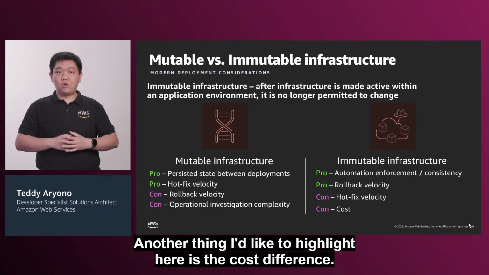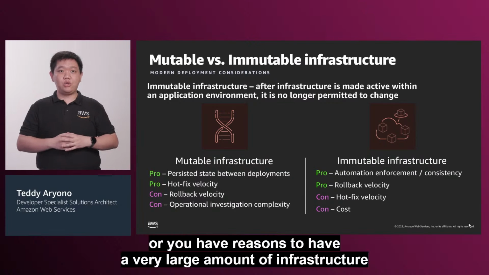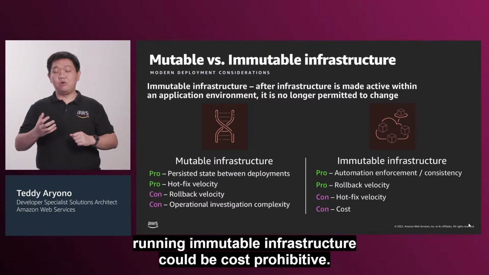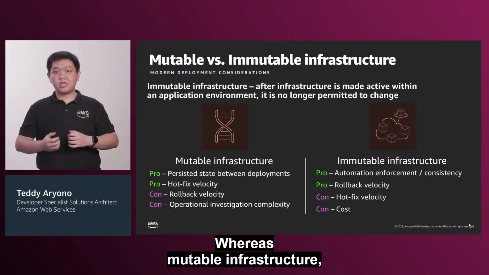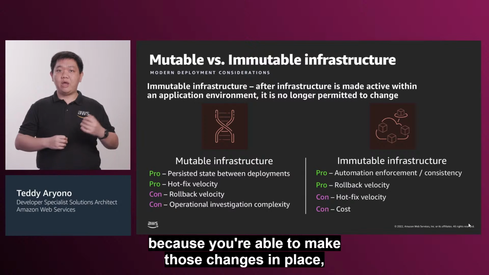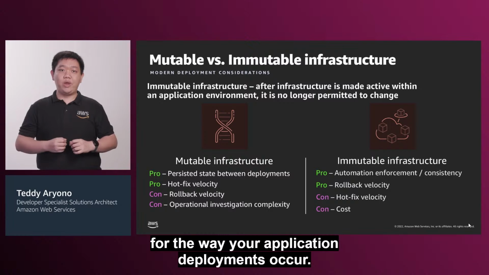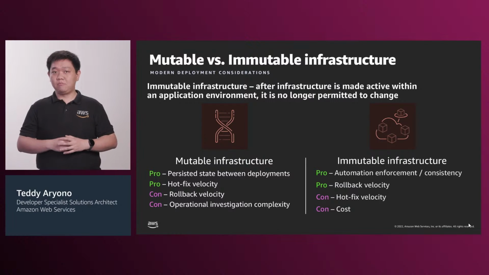Another thing I'd like to highlight here is the cost difference. If you deploy very frequently or you have a reason to have a very large amount of infrastructure running alongside each other during a deployment, running immutable infrastructure could be cost prohibitive. Whereas with mutable infrastructure, because you are able to make those changes in place, it might be more cost effective for the way your application deployments occur.